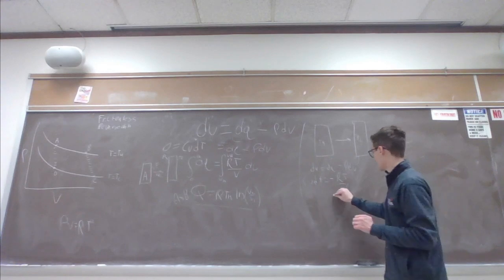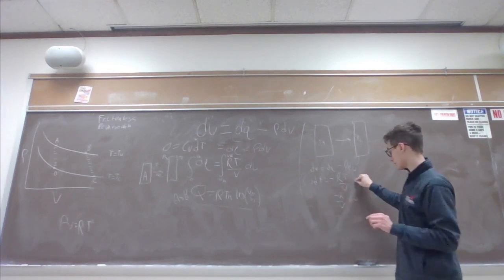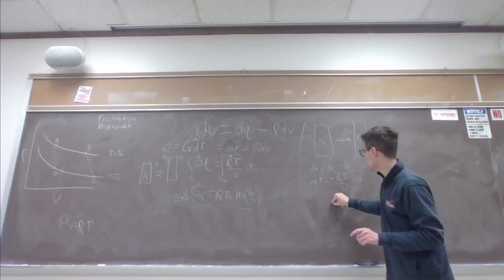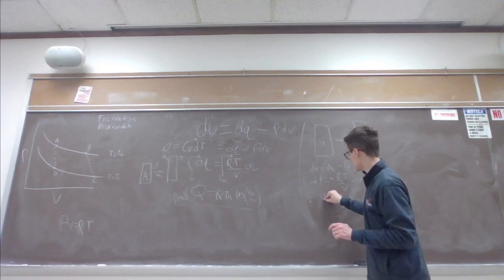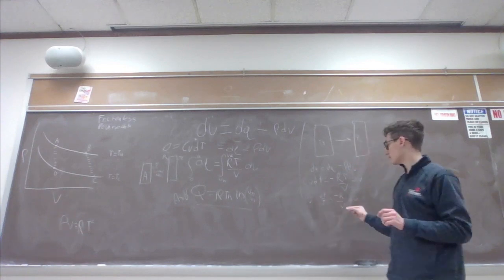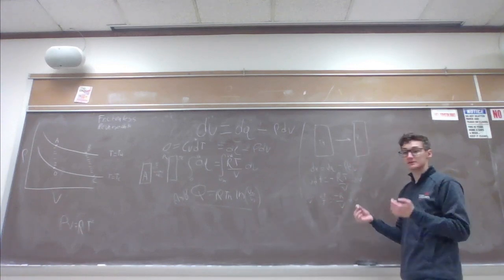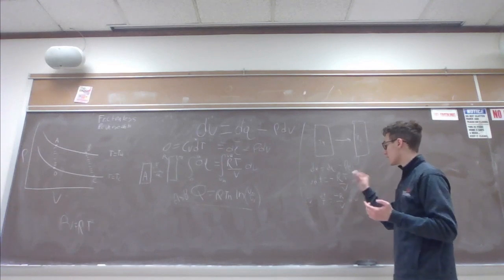So we would have negative R over V dV, remember don't forget the dV, and that would equal CV dT over T. And I'm putting CV off to the side because CV is a constant.